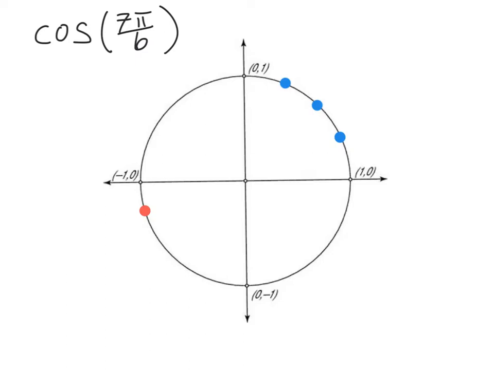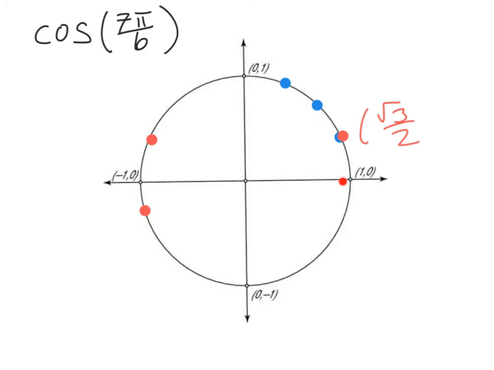Now this angle down here is pretty much the same as this angle, which is pretty much the same as this angle over here. Right? So we know something about that angle over there in our first quadrant. We know that at that point, which is pi over 6, the cosine value is root 3 over 2. We know that because this is the furthest distance in the x direction, right?